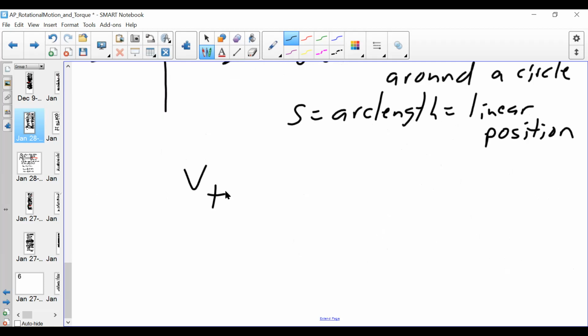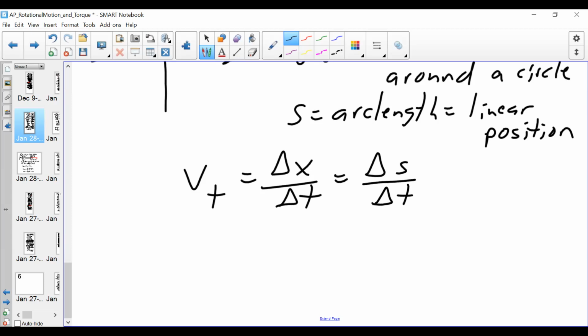So the linear or tangential velocity is going to be delta x over delta t, as we saw up top, which is basically the same for a circle, delta s over delta t. And since s is equal to r theta, then delta s is going to be r delta theta over delta t.